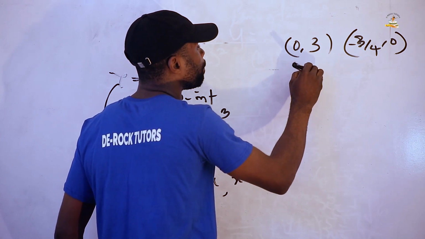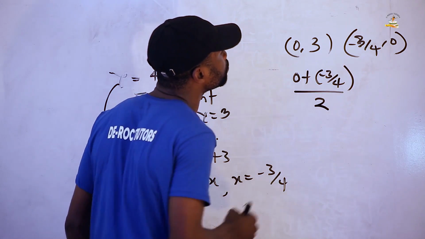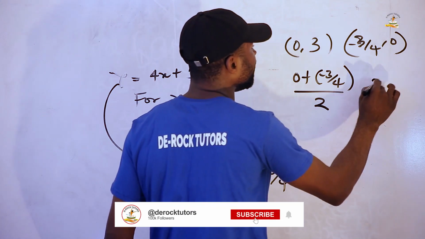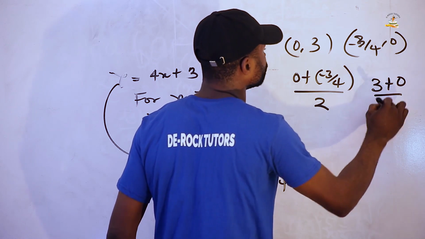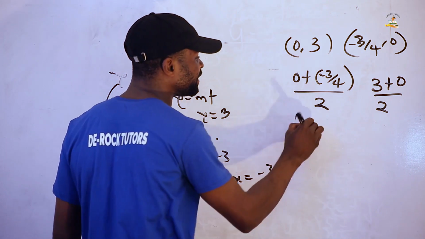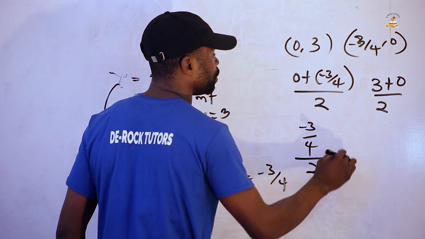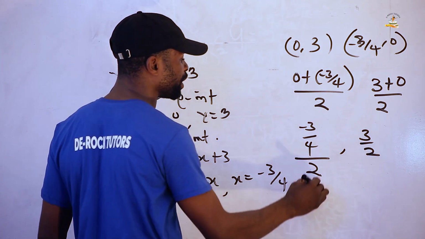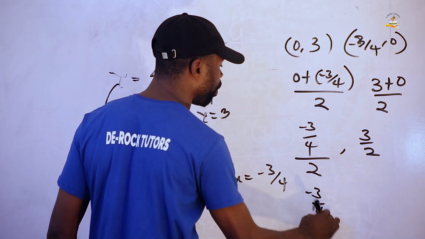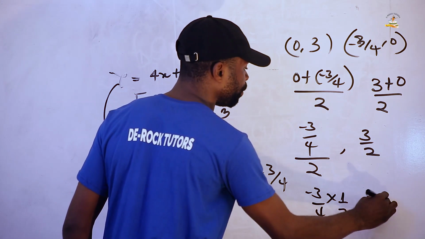We have 0 plus minus 3 over 4, everything over 2, then 3 plus 0 over 2. In this case, this is minus 3 over 4 divided by 2, and 3 over 2. This will give us minus 3 over 4 times 1 over 2, and 3 over 2.